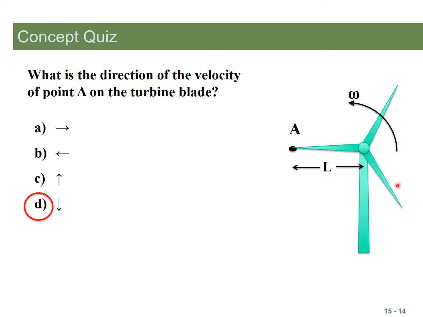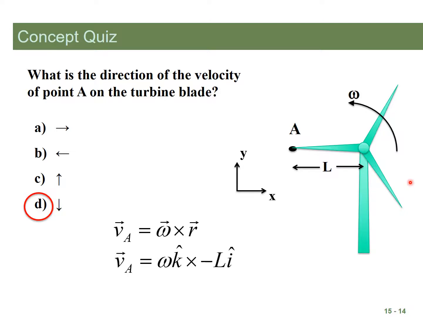What would this look like in terms of a cross product though? Okay, so omega cross r. In ijk components, if x is to the right and y is up, what are omega's ijk components? Remember, this vector describes the axis it's rotating around. So in this case, omega is rotating around the k direction, and our radius is from the axis of rotation to the point that we're interested in the velocity.